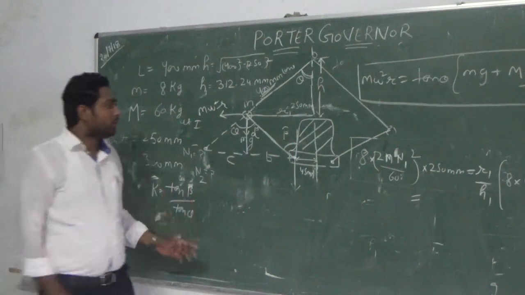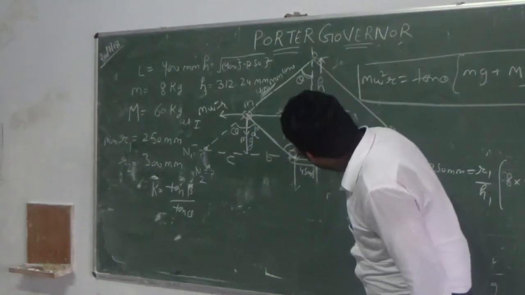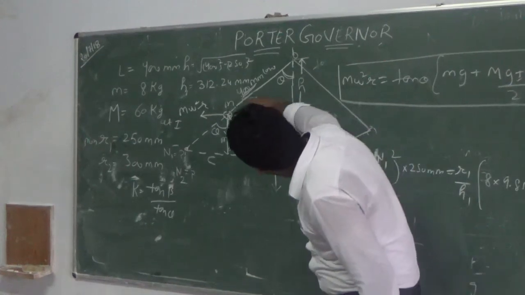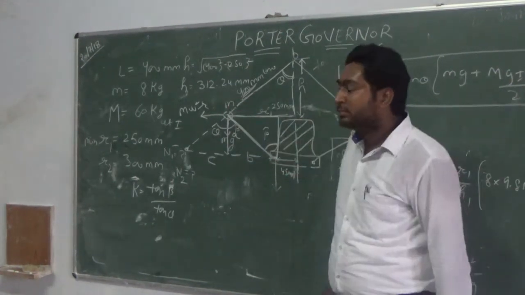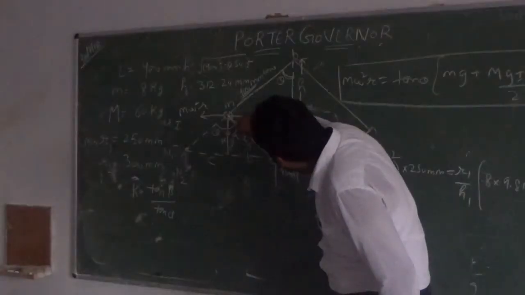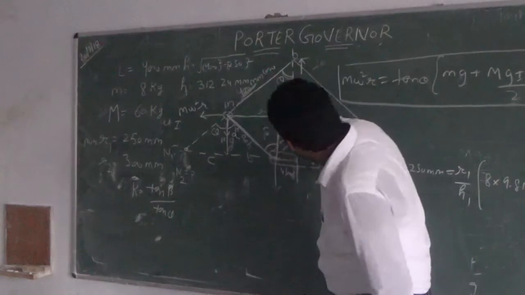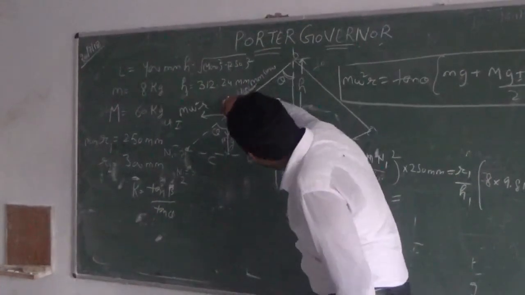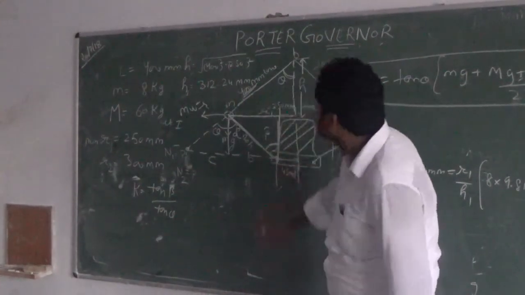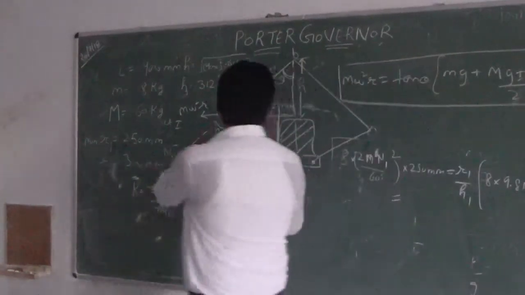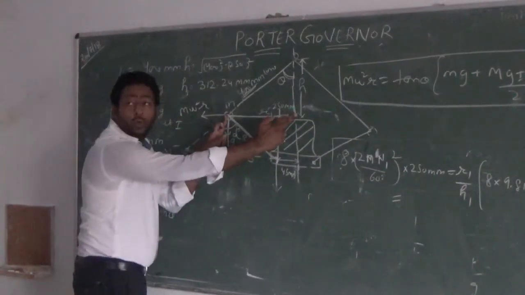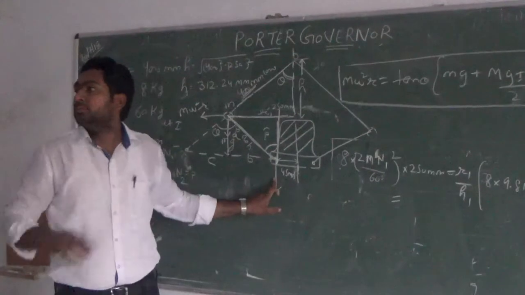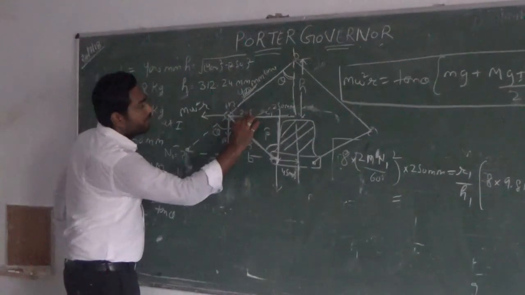Tan theta is 251.45. How? See the diagram. This is the angle beta. The value of the length is given as 400. This is not given. How do we measure this distance? It is 250 minus 45 mm, which is 205.